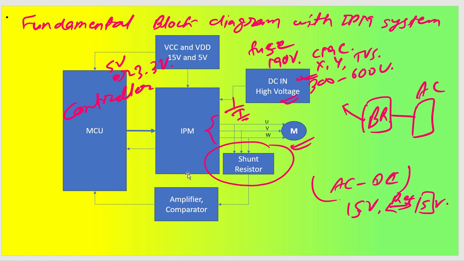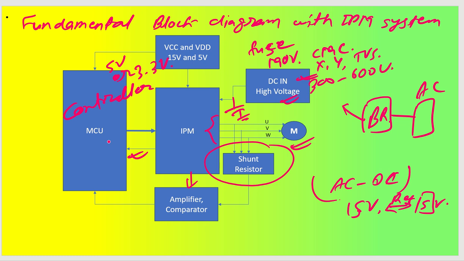At the same time, comparators can be used for other functionalities, which I have not connected here. You can have a comparator for your temperature sensor or other features like shutdown, and those controls can also be sent to the microcontroller for taking a decision. So this will be my controls.